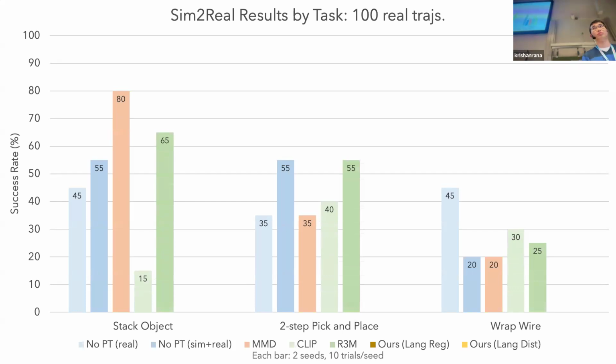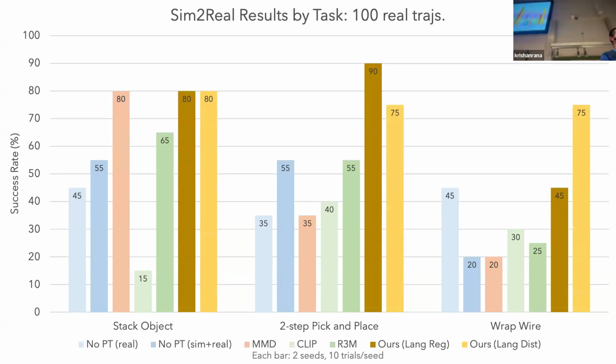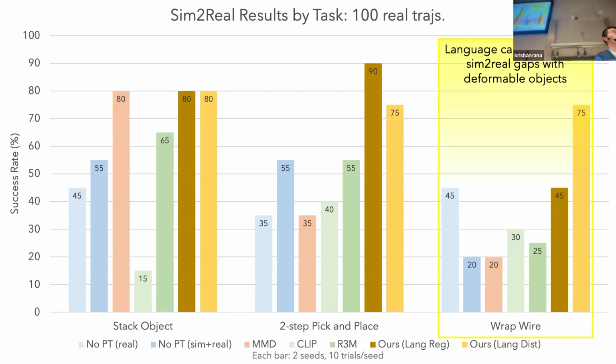In shades of green are prior works in vision language representations, CLIP and R3M. And in shades of gold are our method's 2 variants, which outperform all the baselines. And these results, especially on wrapped wire, show that language can bridge wide sim-to-real gaps even when there are deformable objects.